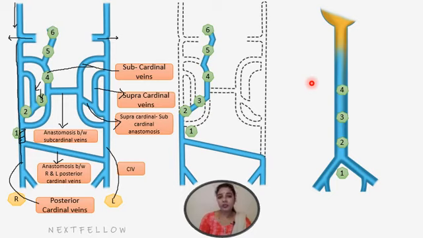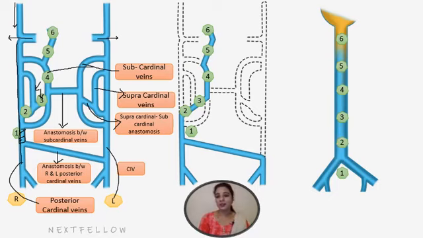The fourth one is the right subcardinal vein, renal segment. The fifth one is the anastomosis between the subcardinal vein and the hepatocardiac channel. The sixth is from the hepatocardiac channel. This sixth part, the hepatocardiac channel, is basically a part of the vitelline vein, and the rest of these are all from the cardinal veins and anastomoses associated with the cardinal veins.